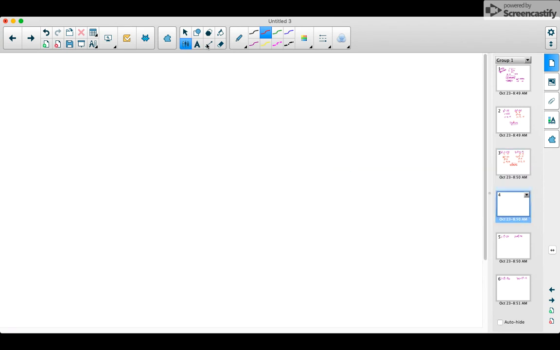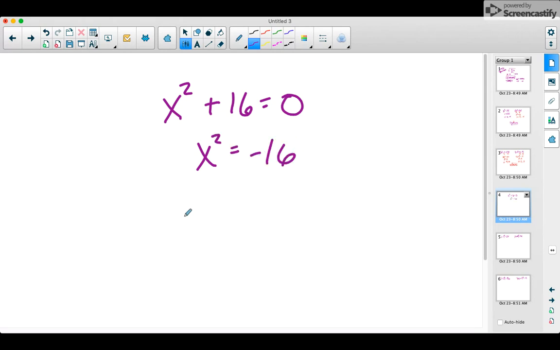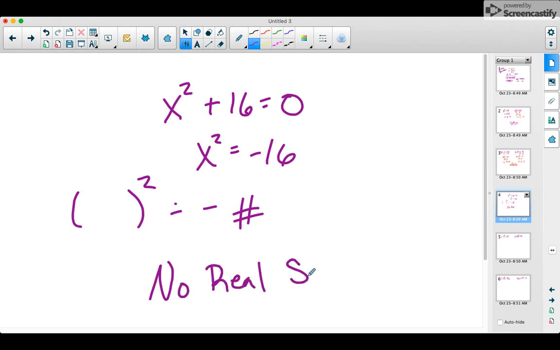But what we talked about in class was, what if we have a situation where it looks something like x squared plus 16 equals 0, and you start to solve this by subtracting the 16 to the other side, and you end up with a negative over here. So if you ever end up with a situation where you have something squared equals a negative number, your answer for now will be no real solution, because there's no way for us to take the square root of a negative number.